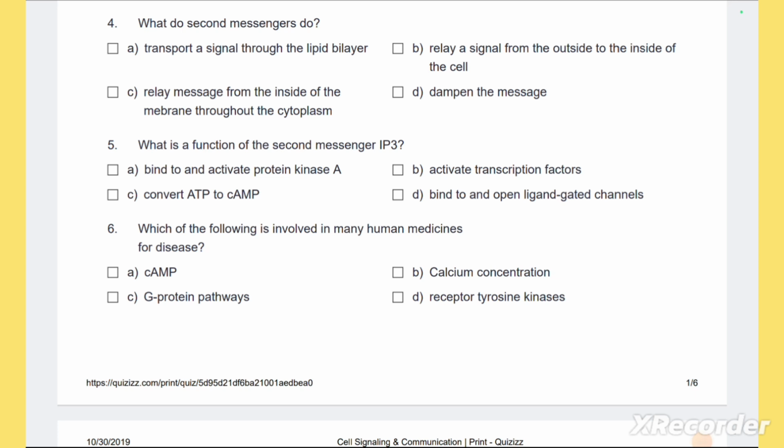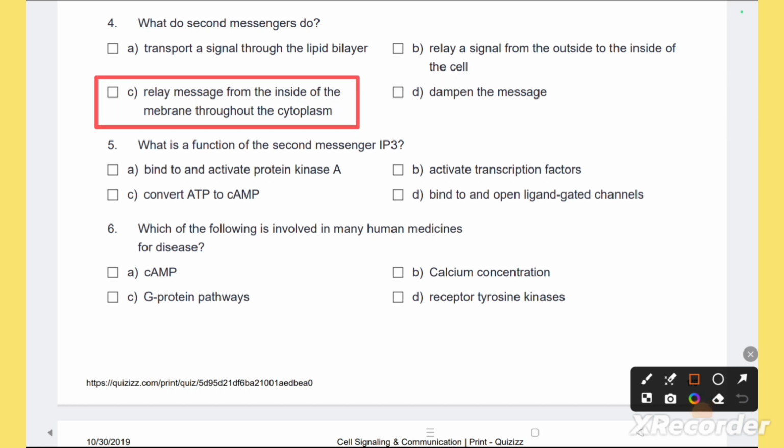Option B, relay a signal from the outside to the inside of the cell. Option C, relay the message from the inside of the membrane throughout the cytoplasm. And option D, dampen the message. So the answer of question number 4 is C, relay the message from inside the membrane throughout the cytoplasm.